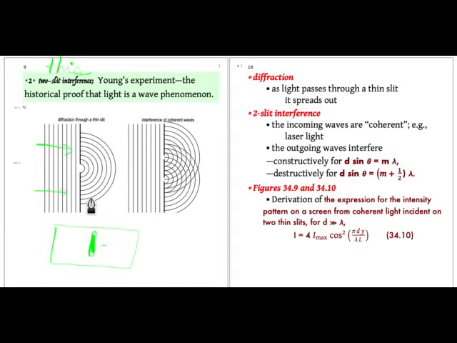The spreading of waves that go through an opening is called diffraction. So the first figure here shows diffraction. As light passes through a slit, it spreads out.